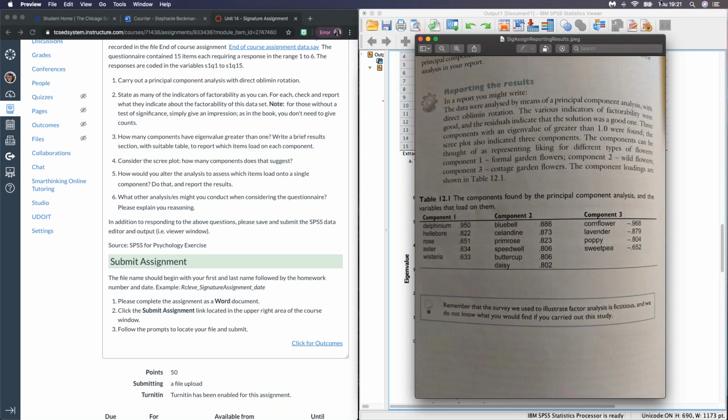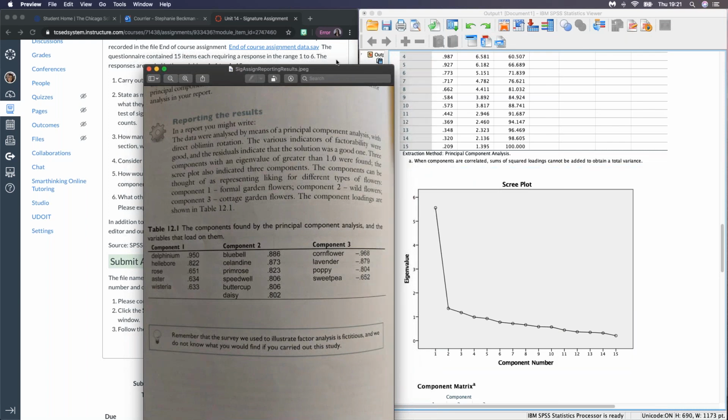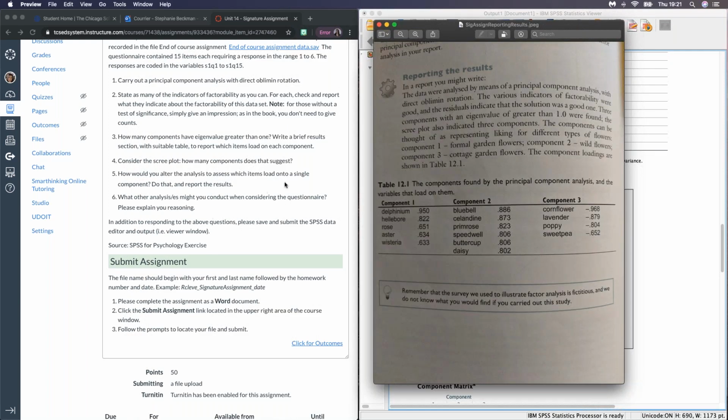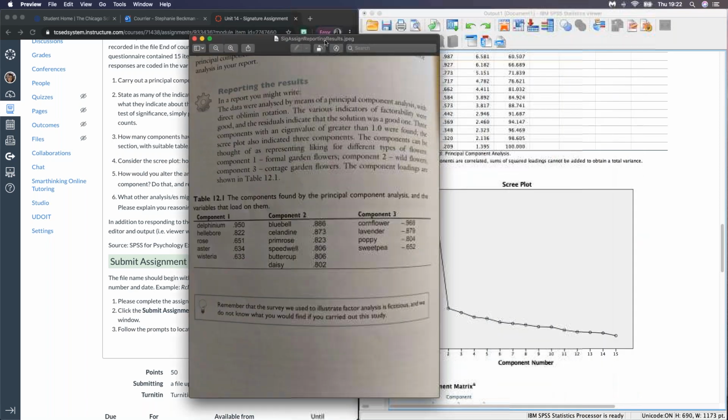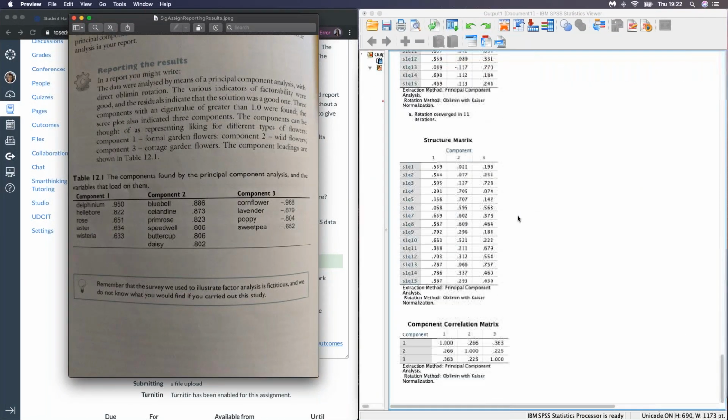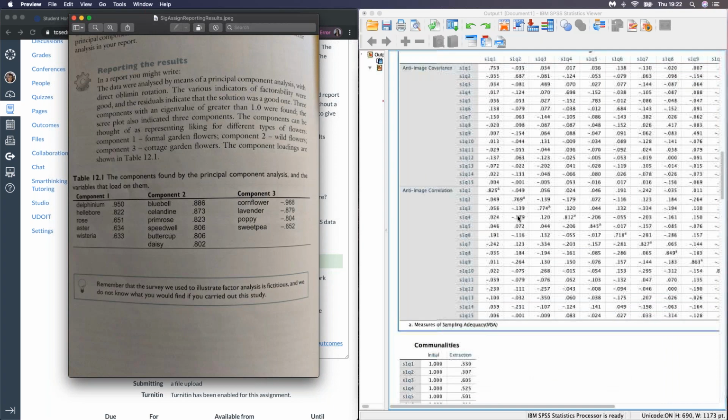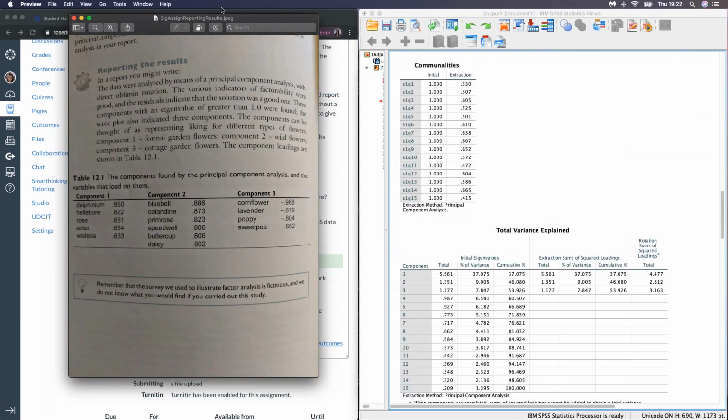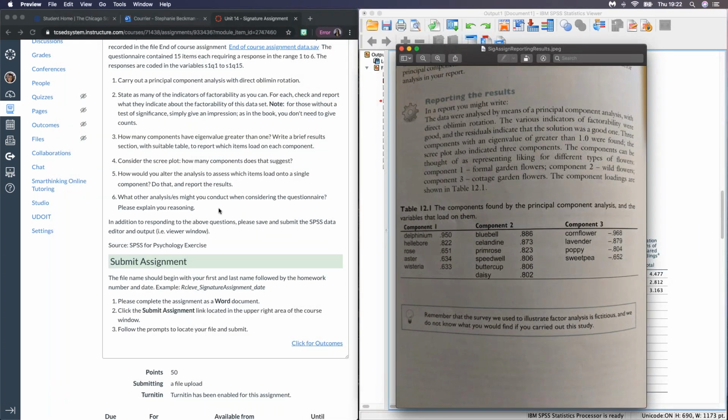Basically, this is what our results would look like or sound like approximately, of course, putting in our own data from the SPSS output over here. And then the table that it's looking for, with a suitable table, this is a suitable table. You'll notice that there's no such table in the SPSS results, and we don't have any way to make that table happen. So this one you have to make on your own.